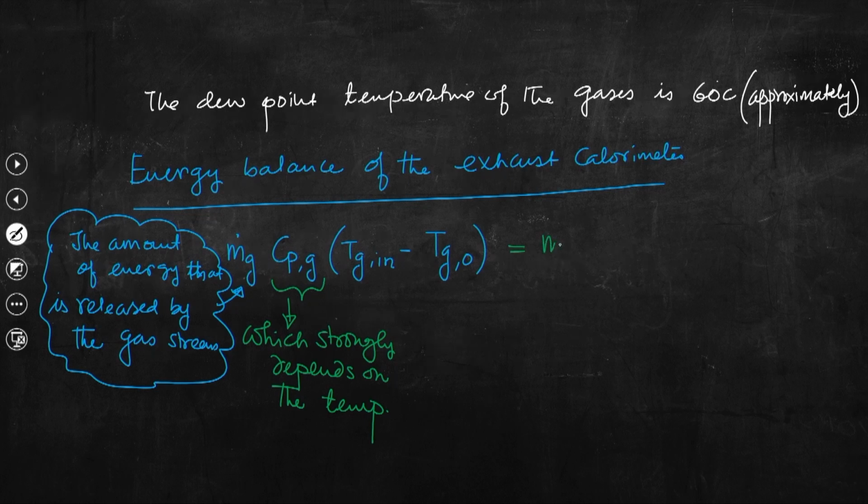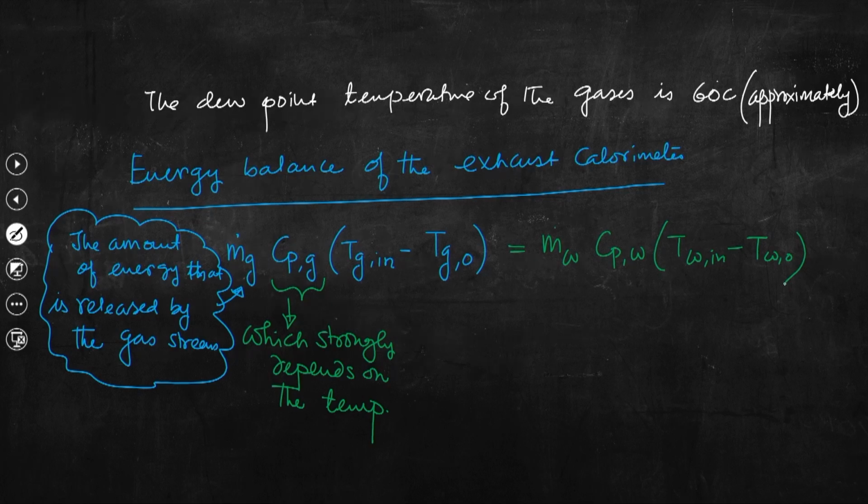That is m dot W into Cp W into T W out minus T W in. If we assume that the temperature of the cooling water at the inlet is T W in and the temperature of the coolant at the exit of the calorimeter is T W O, then this is the energy balance.